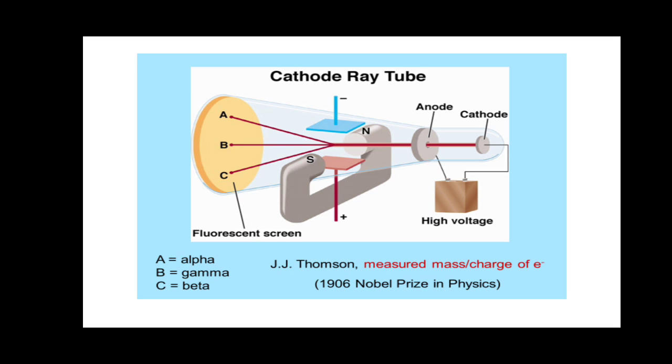Sir J.J. Thomson studied the rays resulting from electrical discharges in a highly thin gas, leading to the discovery of electron.